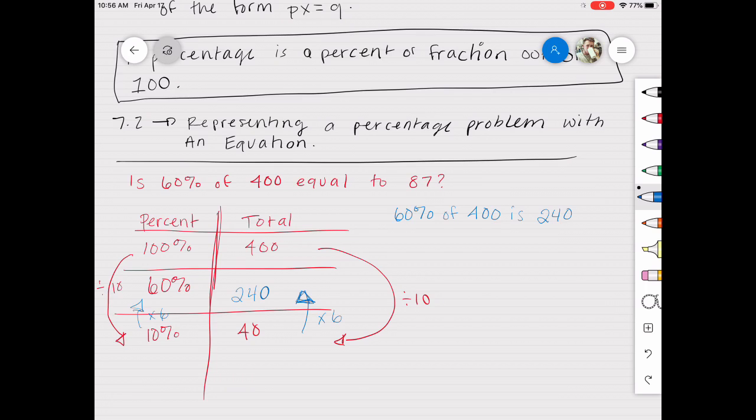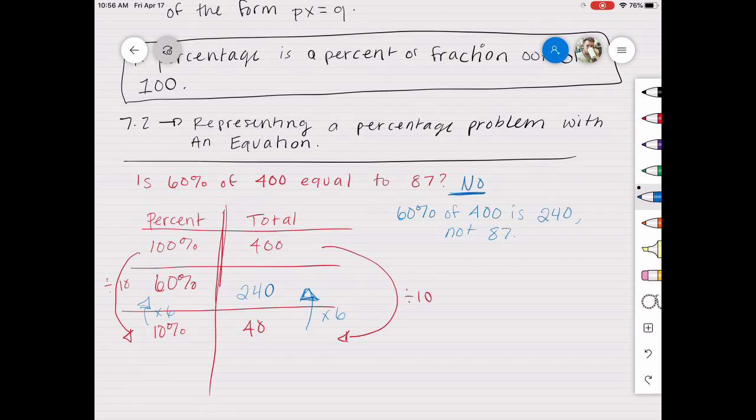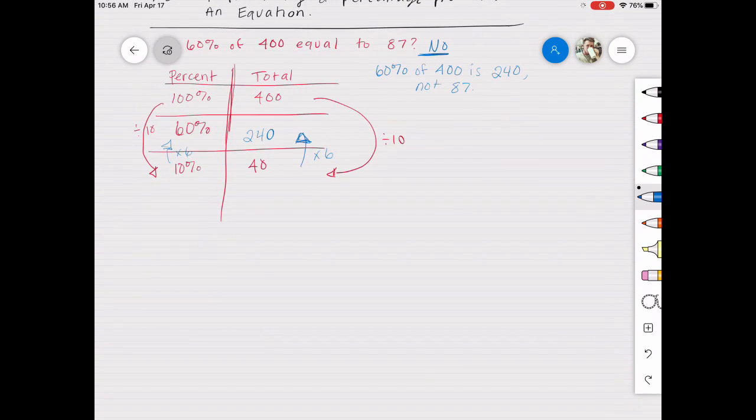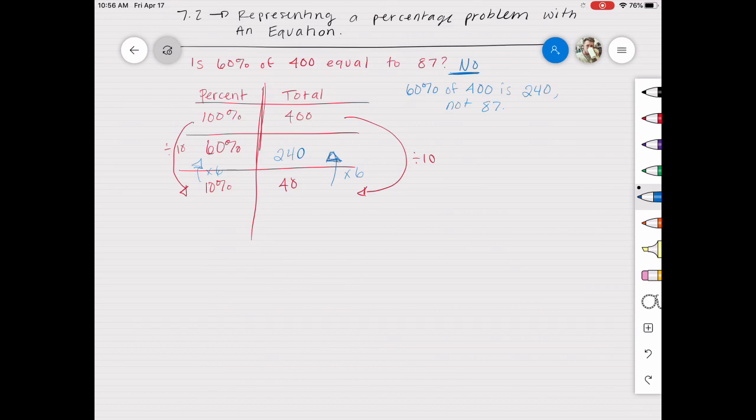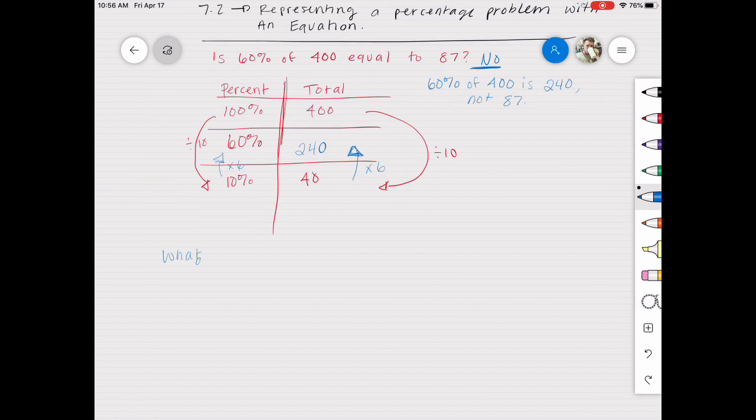Just looking ahead, we are going to be working on one more problem in 7.2. Instead of looking at 400, we're going to be looking at 200. If you can write that in the equation that I did not do in the first half of this video, it is going to be 60% times 200, and we're trying to figure out, does that actually equal 87?